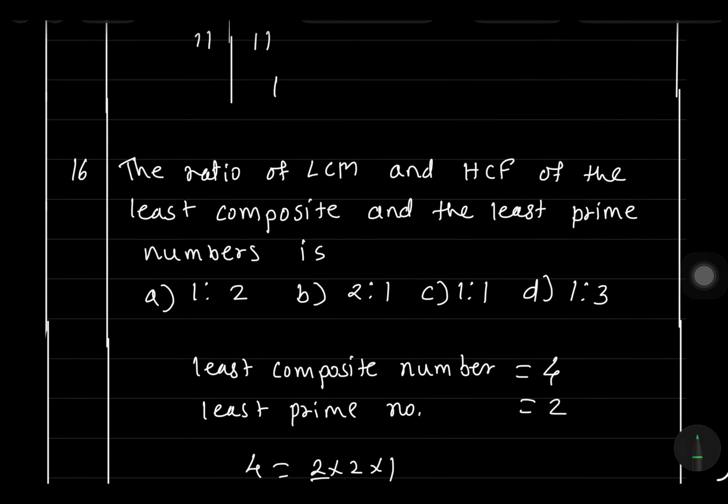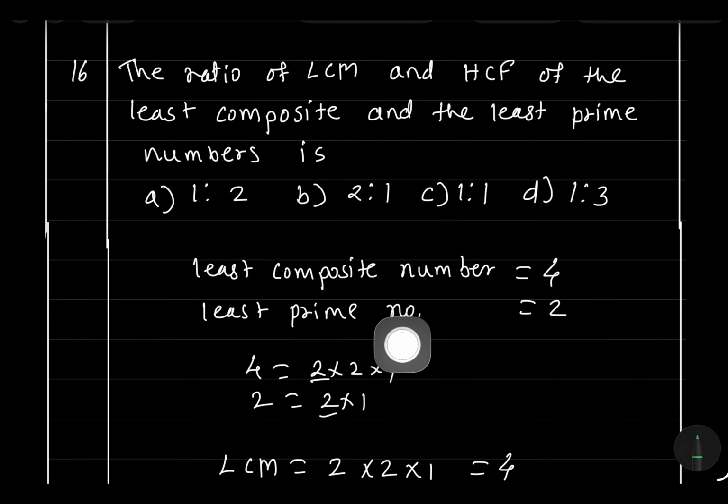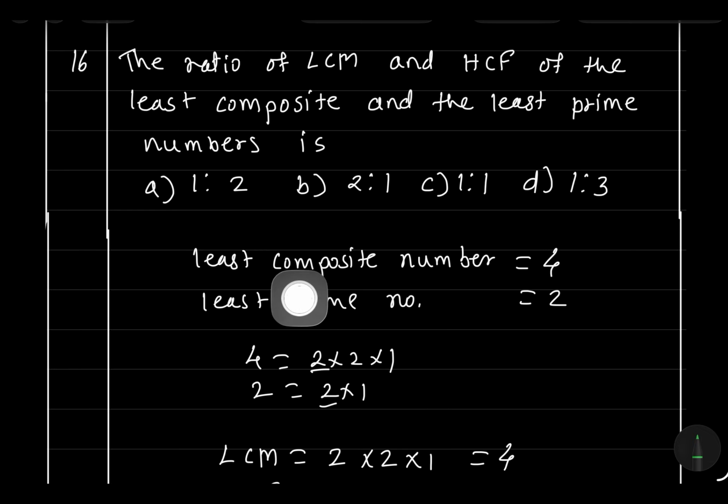Then next, the ratio of LCM and HCF of the least composite and least prime number is. In a previous video we already saw composite numbers and prime numbers. Least composite number is 4: 3 is a prime number and after 3 comes 4, so 4 becomes the least composite number.